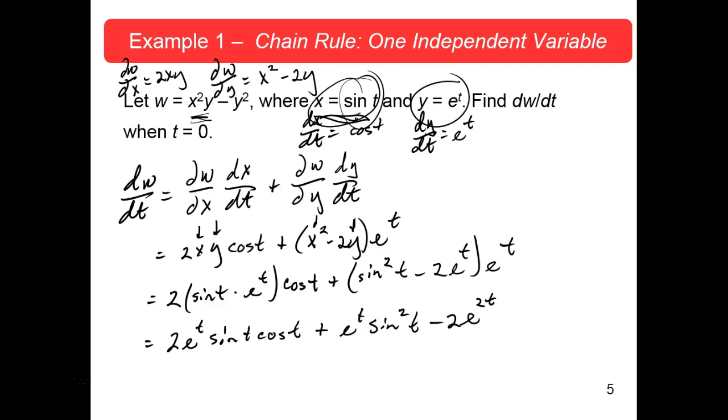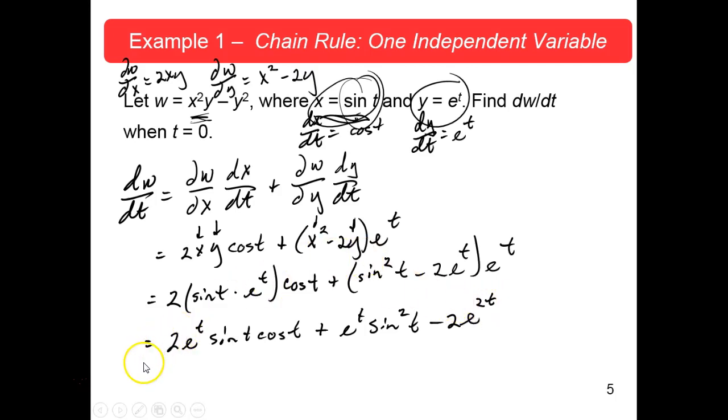The only thing you could do to make this just a little simpler is that 2 sine t cosine t happens to be the same as sine of 2t. But I don't know if they do that or not. Let's see if they do. No, they don't. They leave it just like this: 2e to the t sine t cosine t plus e to the t sine squared t minus 2e to the 2t. Yeah, that's what they got.